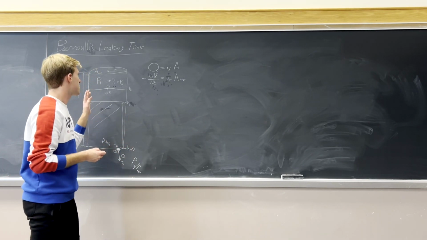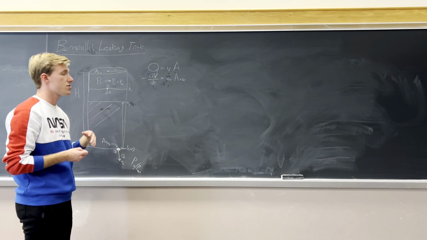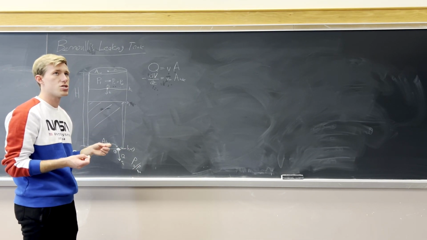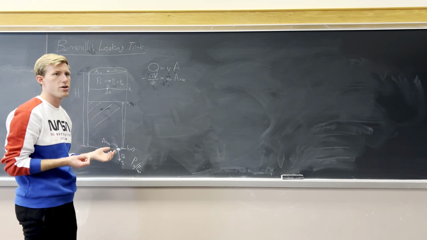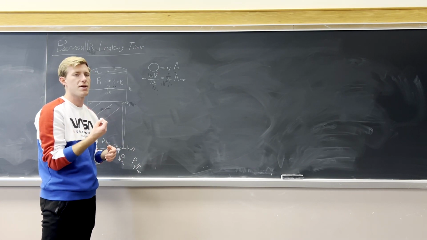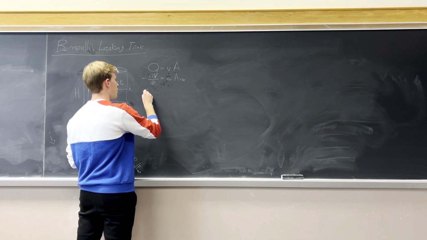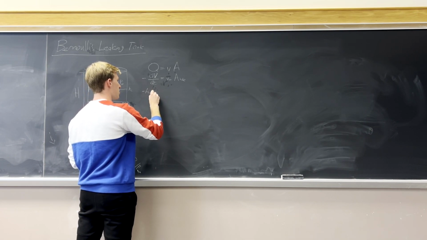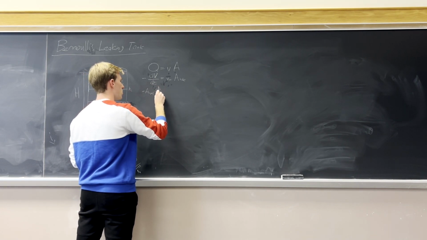Because we're looking at a cylinder and there's a radial symmetry in our cylindrical tank, the volume changes not relative to its area, because its area is constant. And since the volume of a cylinder can be described as the area of the circle that makes up that cylinder times the height, we can actually rewrite this as negative area of our cylinder, the cylindrical top, times a change in height over time.